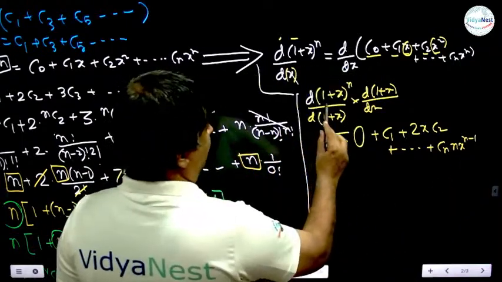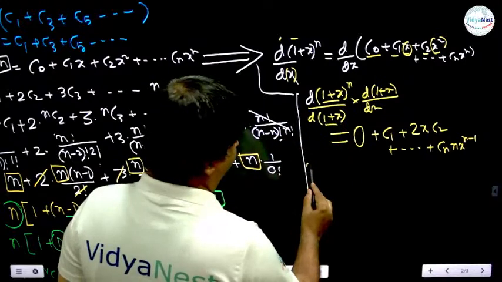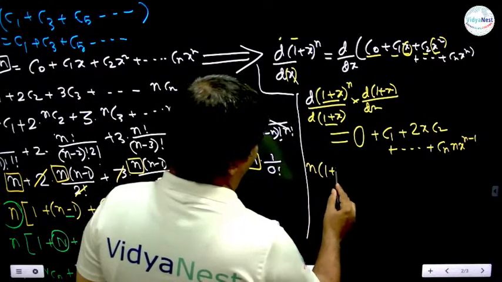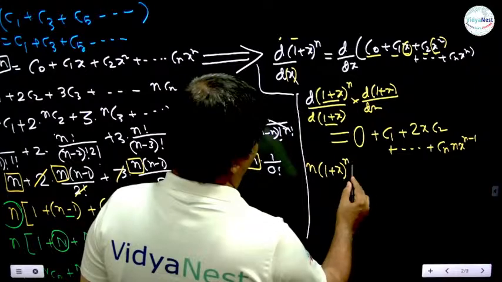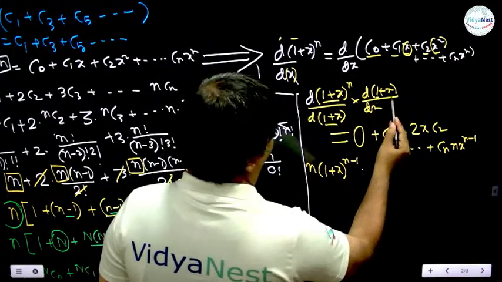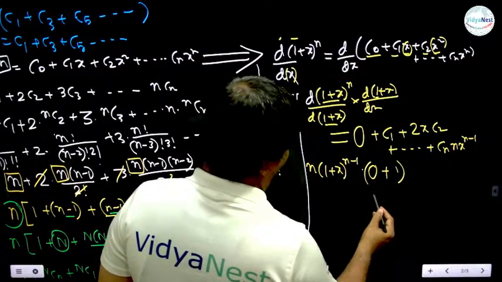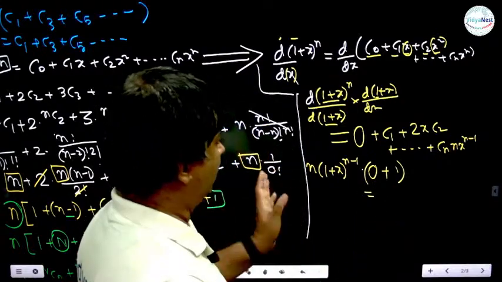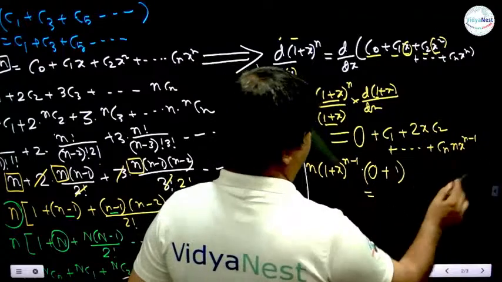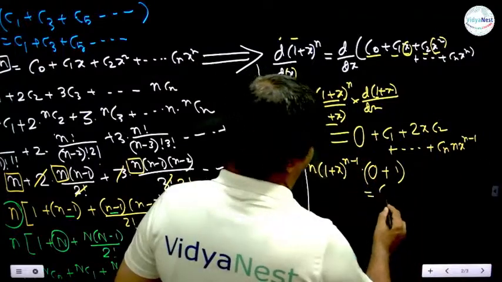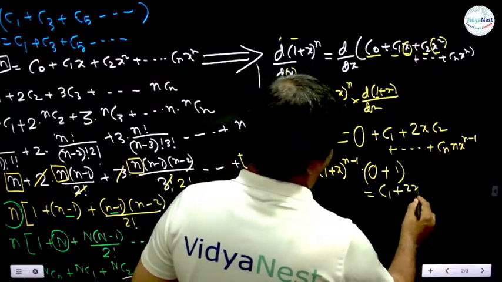So this part will remind you of the formula 1 plus x to the power n minus 1. The differentiation of 1 is 0, of x is 1. And this expansion part will remain the same.